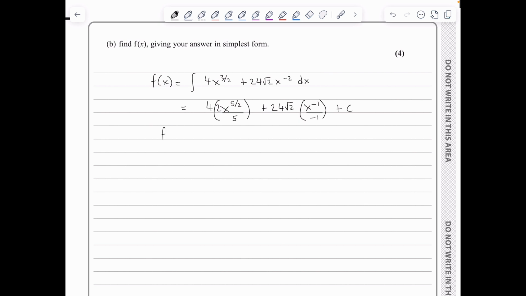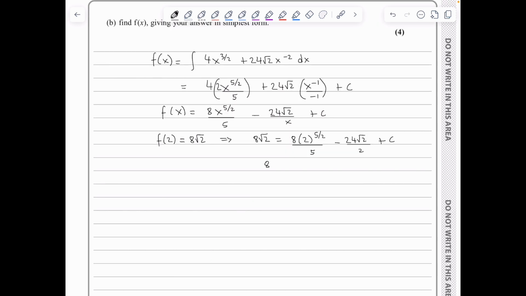This means that f of x is 8x to the 5 over 2 over 5 minus 24 root 2 over x plus c. I will then use the fact that f of 2 is 8 root 2. These are the coordinates of point P, which means that we've got 8 root 2 is equal to 8 times 2 to the 5 over 2 over 5 minus 24 root 2 over 2 plus c.